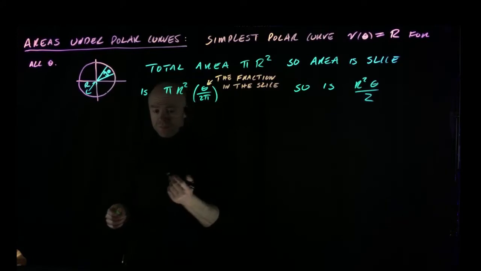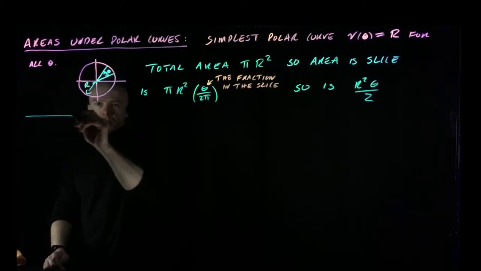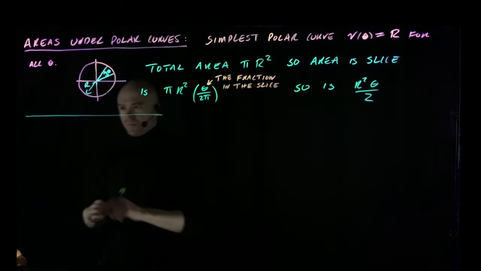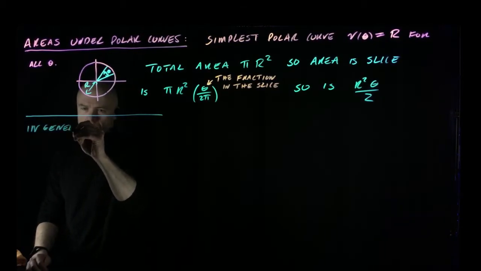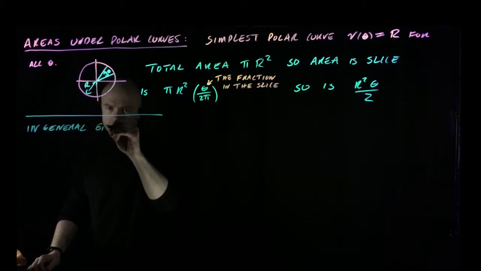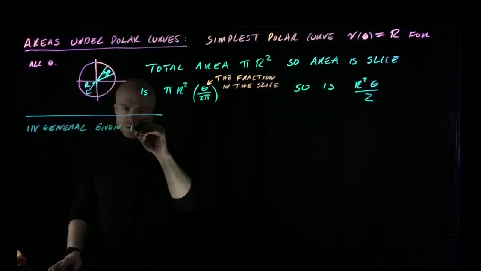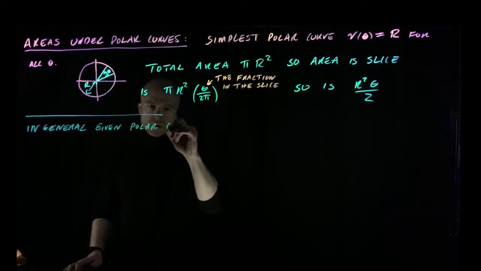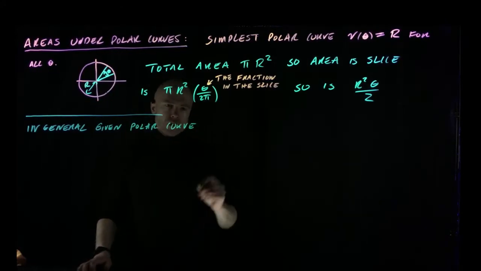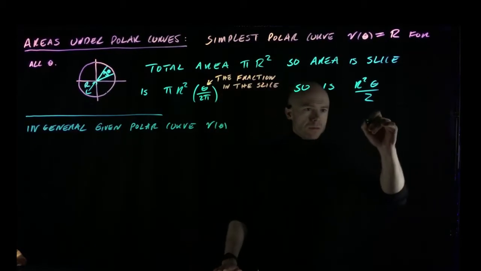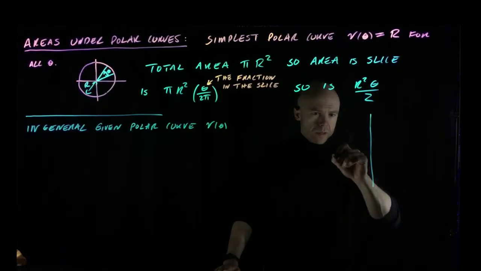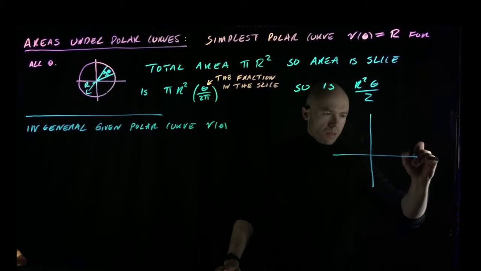All right, so in general, given a polar curve r of theta, we want to figure out how much area there is in some particular part of it.